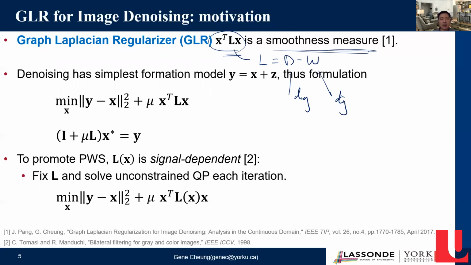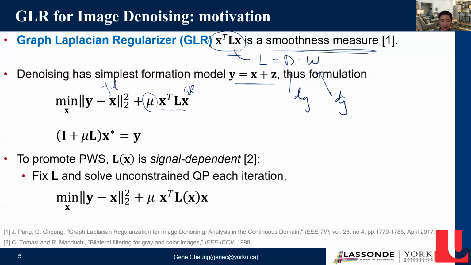So in the case when you have a denoising problem with a very simple formation model, y equals x plus z, then you would minimize a fidelity term, minimize y minus x in L2 norm, and then with a weighting parameter, minimize the GLR as well.